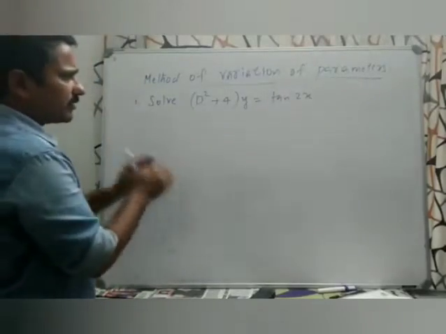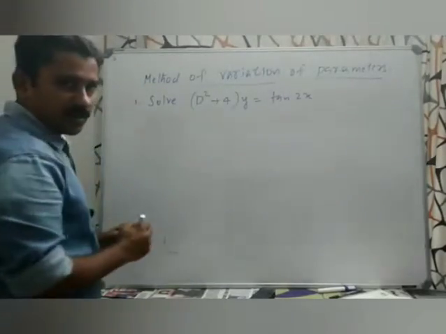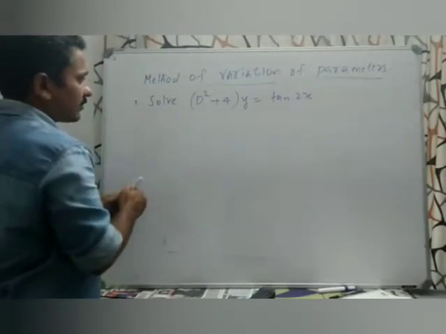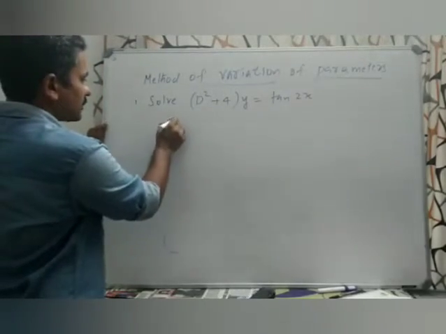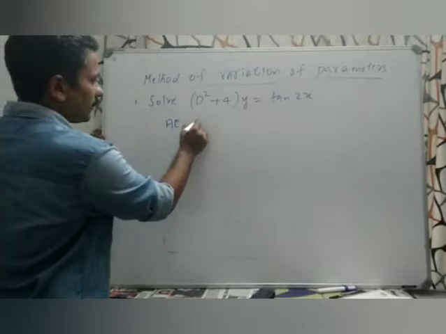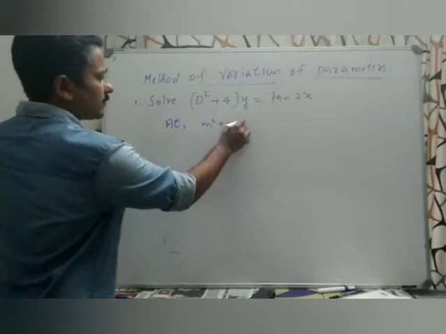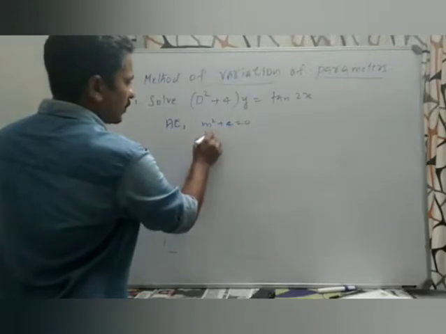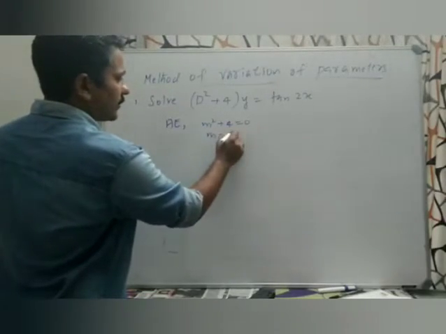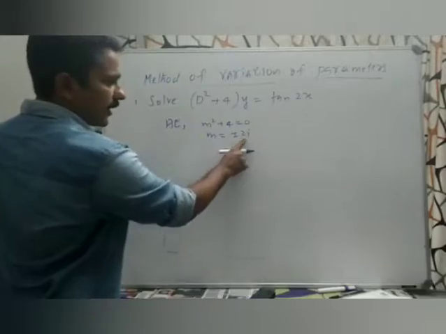So the method is simple. First we are supposed to calculate the complementary function. So first you write the auxiliary equation: m square plus 4 is equal to 0. When you solve it, you will get m is equal to plus or minus 2i.